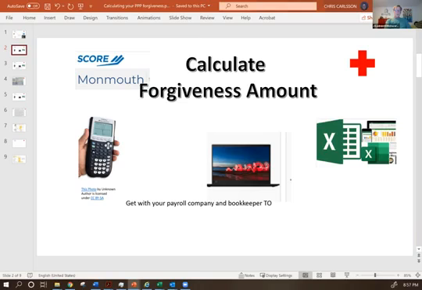And no, we're not doing it with hand calculators anymore. We're doing it with laptops, computers, and Excel. So that is how it's being done these days. It's not the most elegant, but it's elegant enough. It is a copy paste from payroll reports into Excel. And it's done.